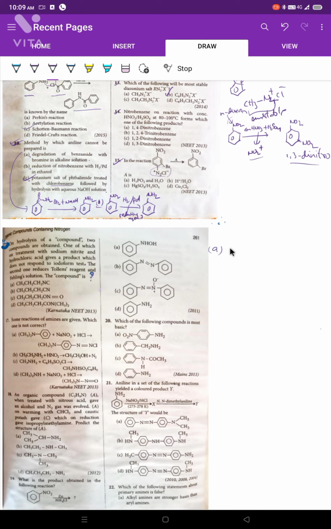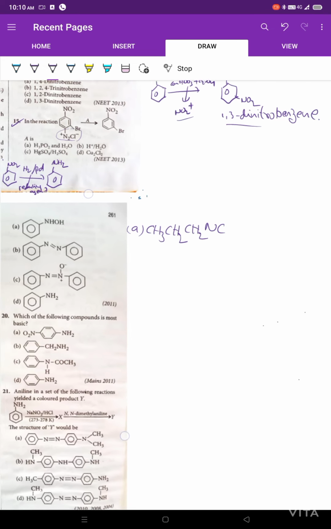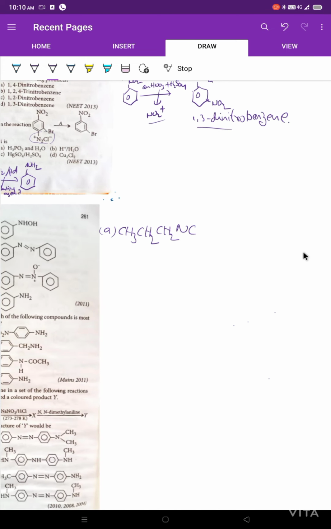Option A, what they have given is CH3CH2CH2NC. Let us hydrolyze this compound.